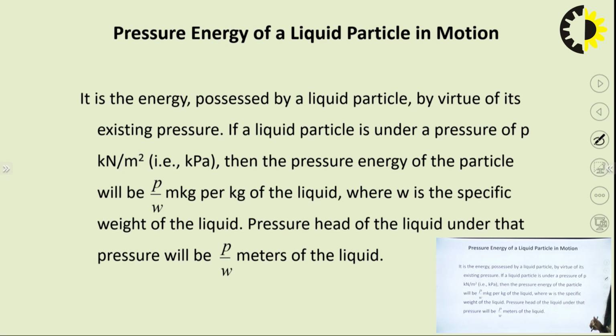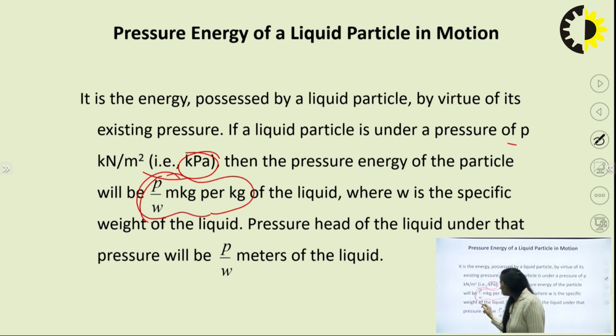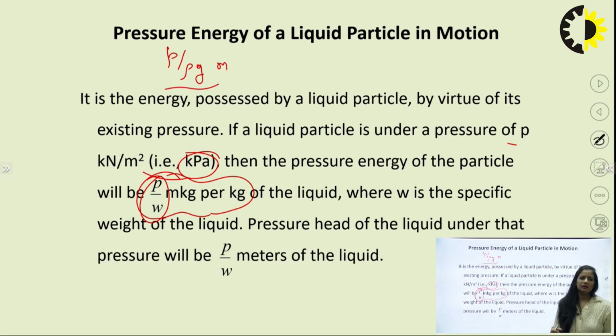If a liquid particle is under a pressure of p kilonewton per meter square, or you can also write it as kilopascal, then the pressure energy of the particle will be p by w meter, or simply head equal to p by rho g meter. We are going to discuss all these terms in units of meter.